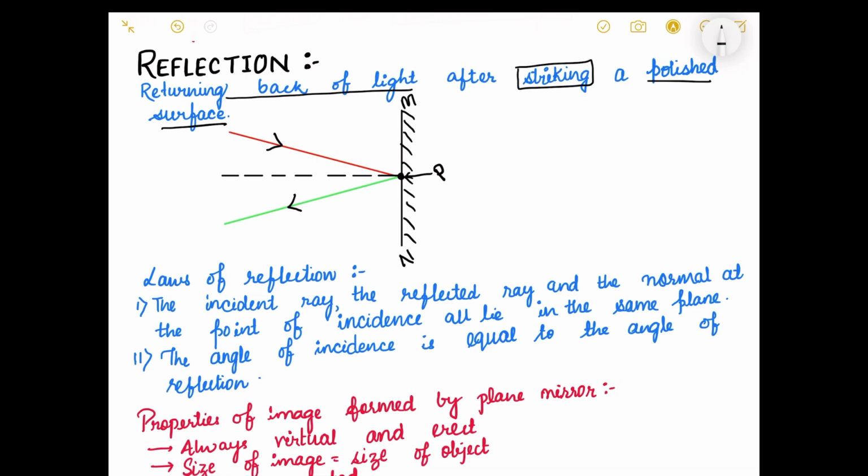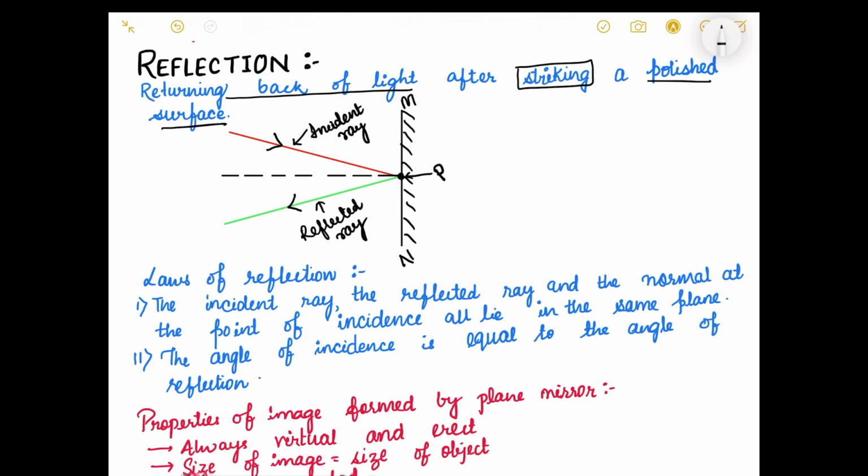So these two rays are called by specific names. This ray which is incident on it is called the incident ray, and this ray is known as the reflected ray. Now the incident ray strikes the plane mirror or the polished surface at point P.